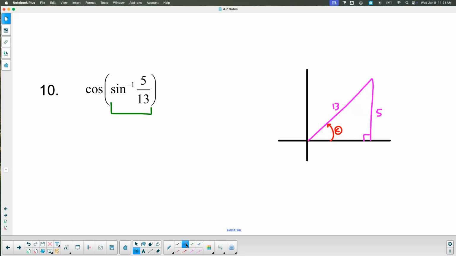There's my theta. So we want the cosine of theta. And what's the cosine of theta going to be? 12/13.